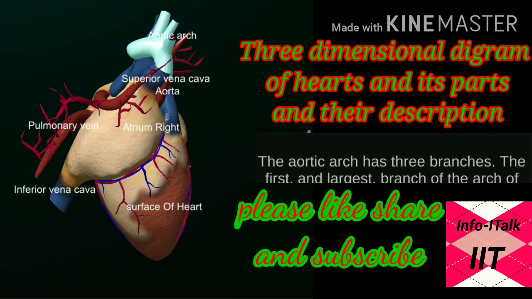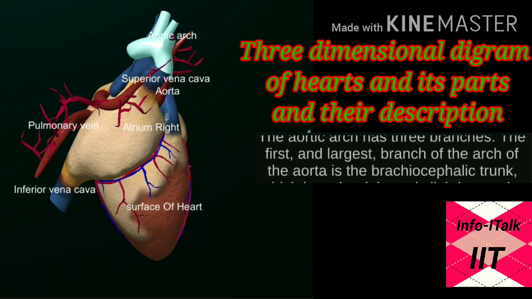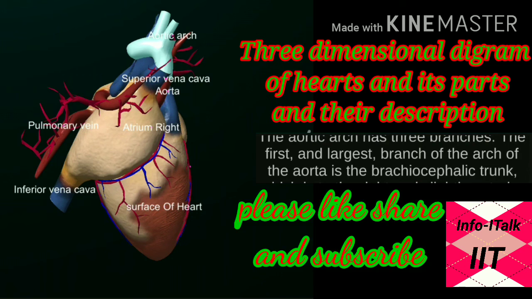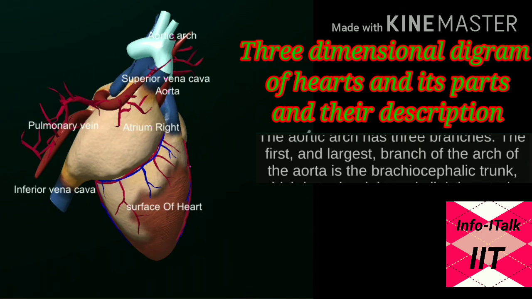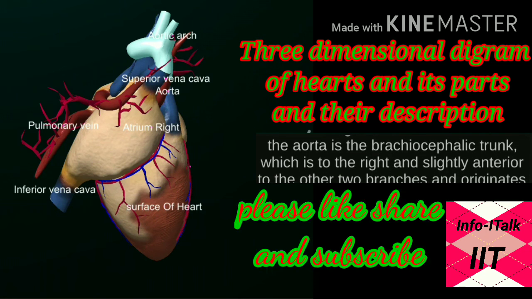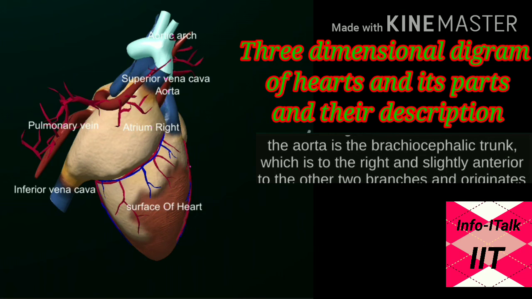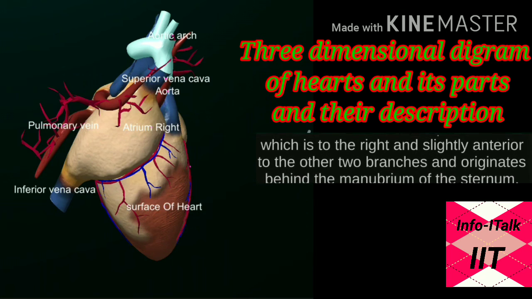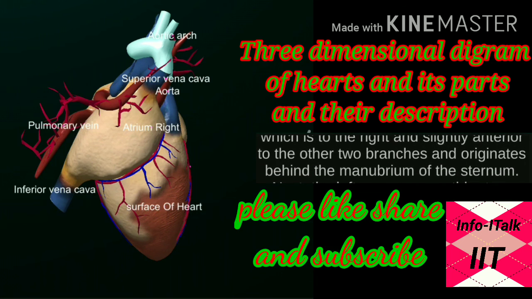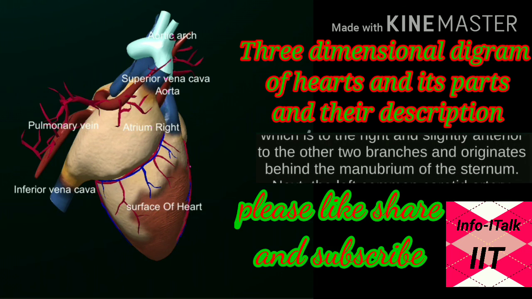The aortic arc has three branches. The first and largest branch of the arc of the aorta is the brachiocephalic trunk, which is to the right and slightly anterior to the other two branches and originates behind the manubrium of the sternum.